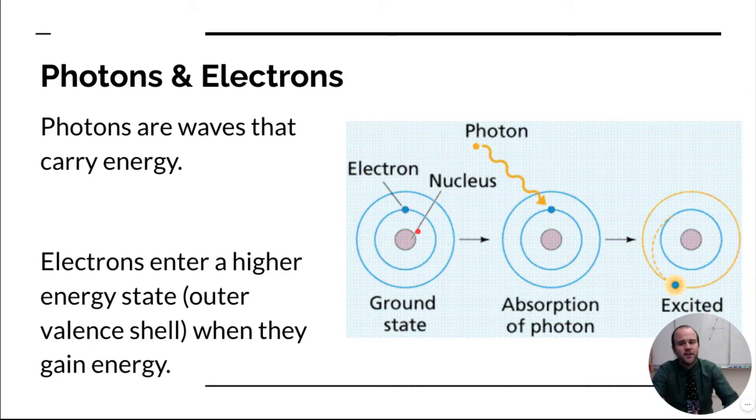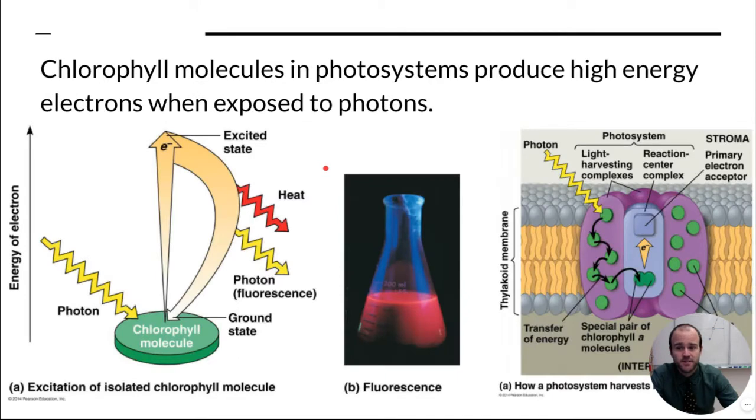So as a reminder, photons are waves that carry energy. And electrons can enter a higher energy state, which means they're able to be further away from the nucleus. They can enter an outer valence shell when they gain energy from those photons. They're called excited electrons. And that's going to power the processes in these light reactions.